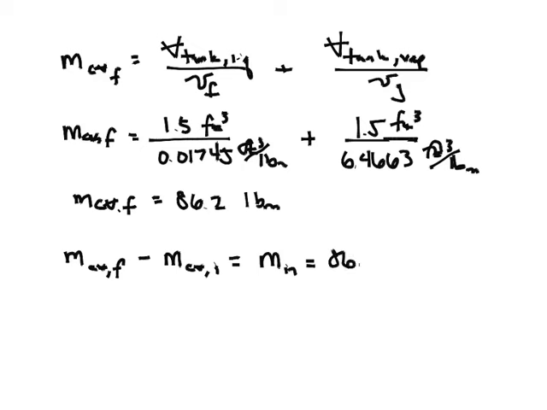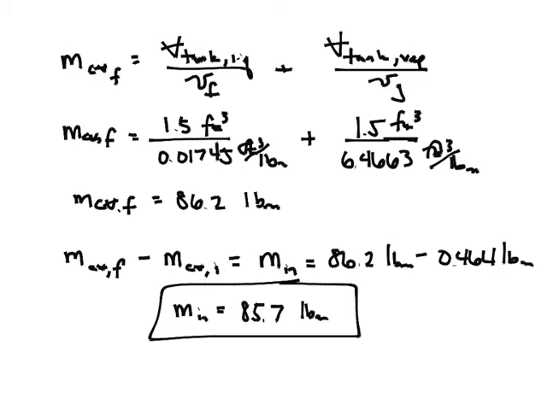So that's going to be 86.2 pound mass minus 0.464 pound mass, and we find that the mass into the control volume, the steam that goes in over this delta time, is 85.7 pound mass.